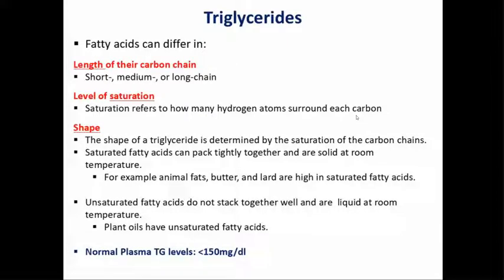The normal range of triacylglycerol in our body should be less than 150 milligram per deciliter. Triacylglycerol is the chemical name of what? Fats and oils. When we say triacylglycerol, it can be fats or oils. Fats are rich in saturated fatty acids, whereas oils are rich in what? Unsaturated fatty acids.